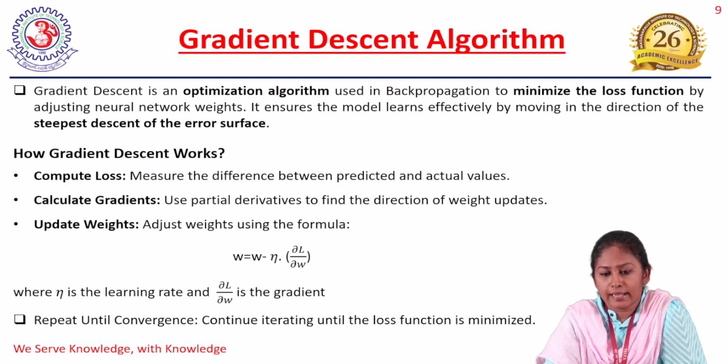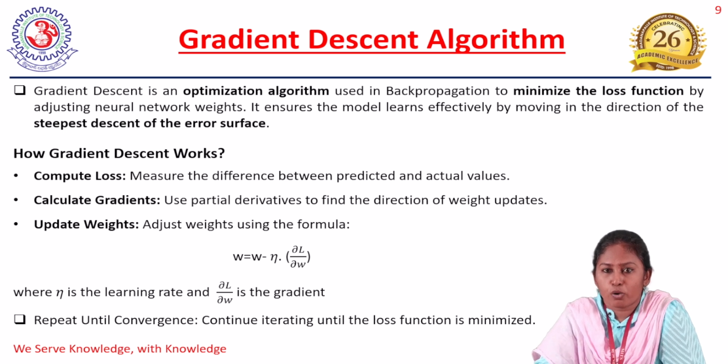Now, the gradient descent algorithm: how and why it is used. After computing the loss in our model, once the forward pass is completed, the second step is to compute the loss. Once it is completed, then we have to calculate the gradients with respect to the weight, right? For that, we will be using gradient descent, where the formula is W new, that is the new weight, equals old weight minus eta, which is nothing but the learning rate, times dou L by dou W. This is the gradient which is going to work on updating our weights.